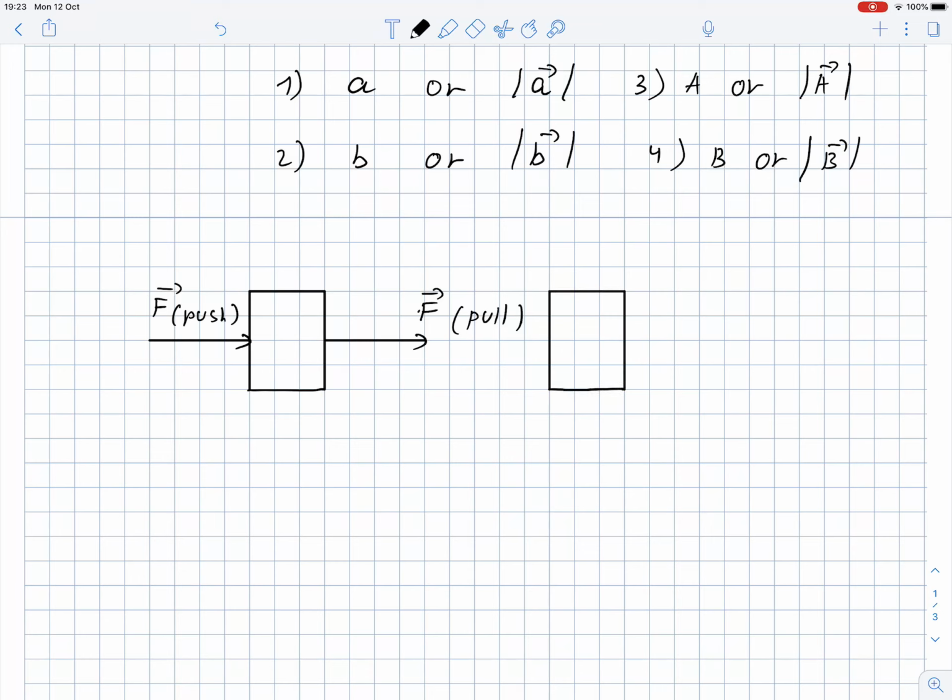So force actually gives us three pieces of information: the type of vector, which is force; the direction of this vector, from left to right; and the magnitude, which will represent the length of the straight line between tail and head of this vector.